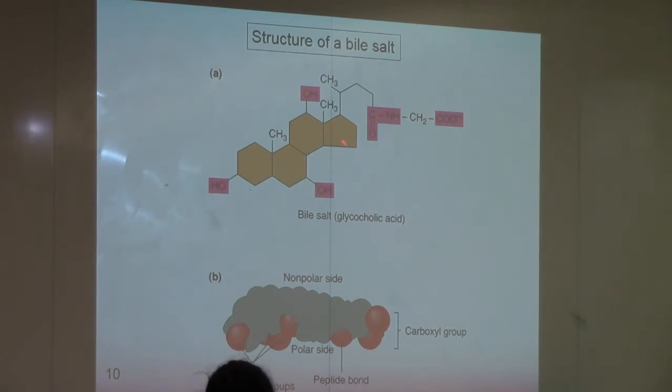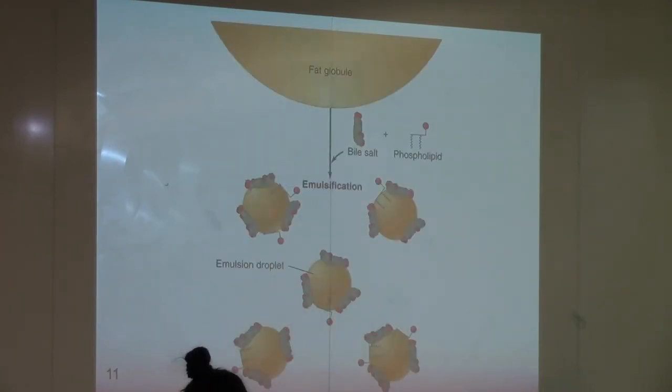The point is, it is amphipathic. That's a word you should remember from cell physiology. It has both hydrophobic or nonpolar areas and polar areas. It's an amphipathic molecule. It is essential for the solubilization of fat.